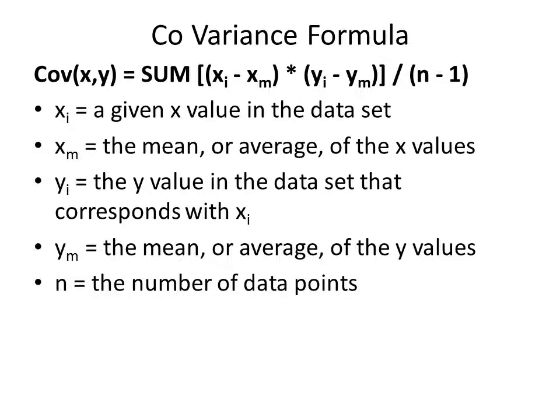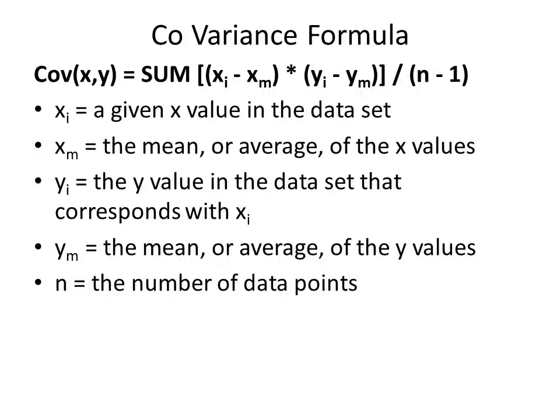For finding out the covariance, there is a separate formula. The formula is covariance of two variables x and y. Covariance of x and y equals the sum of (xi minus xm) multiplied by (yi minus ym), and this total is divided by n minus 1.